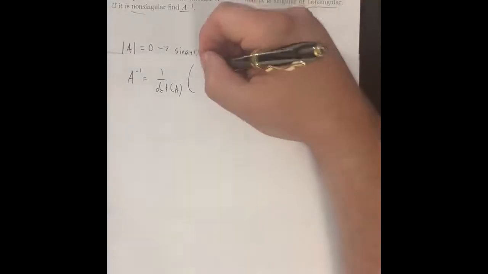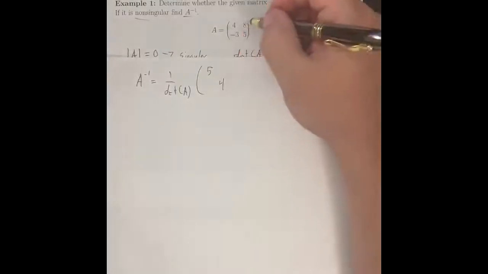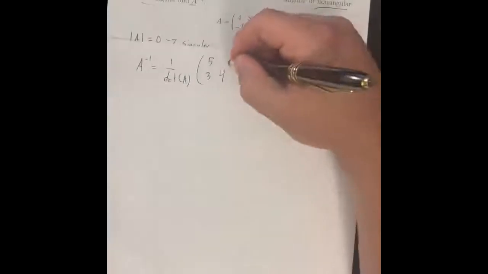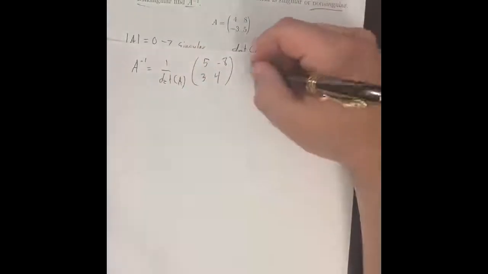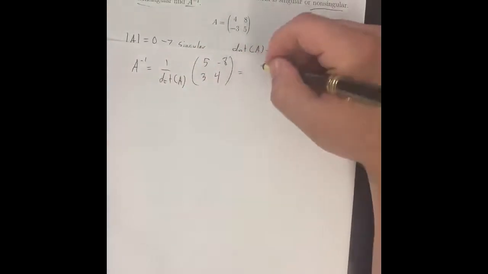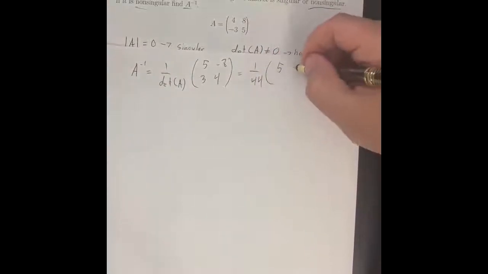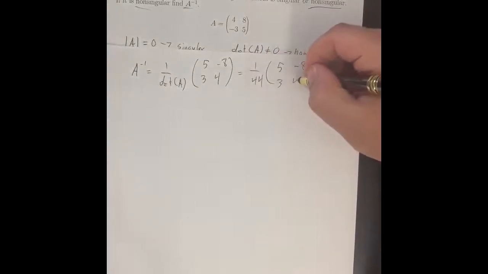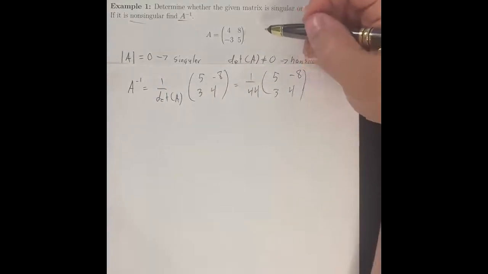What we do is we flip this main diagonal. It's going to be 5 times 4. And then we negate the backwards diagonal. So it's going to be 3 minus 8. The determinant we already said is 44. So this will be 1 over 44 times 5, minus 8, 3, 4. So that would be the inverse of this matrix right here.